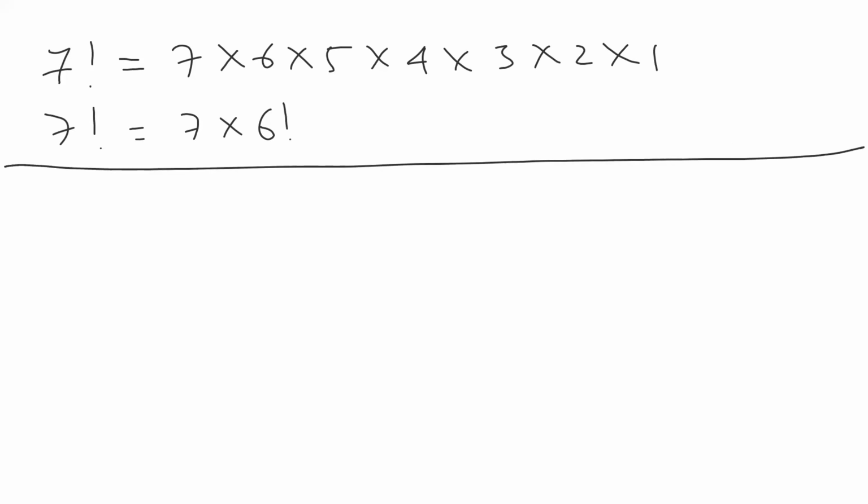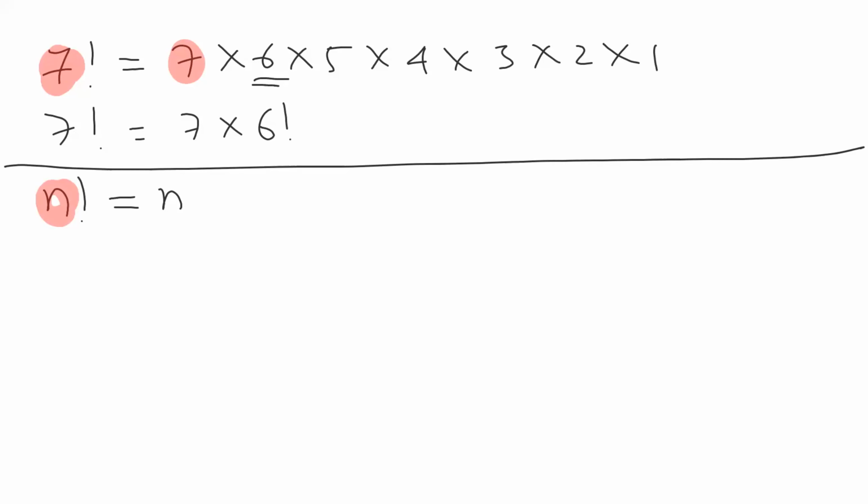So the first term of 7 factorial is 7. The first term of n factorial will be, anyone? The first term of n factorial will be n.